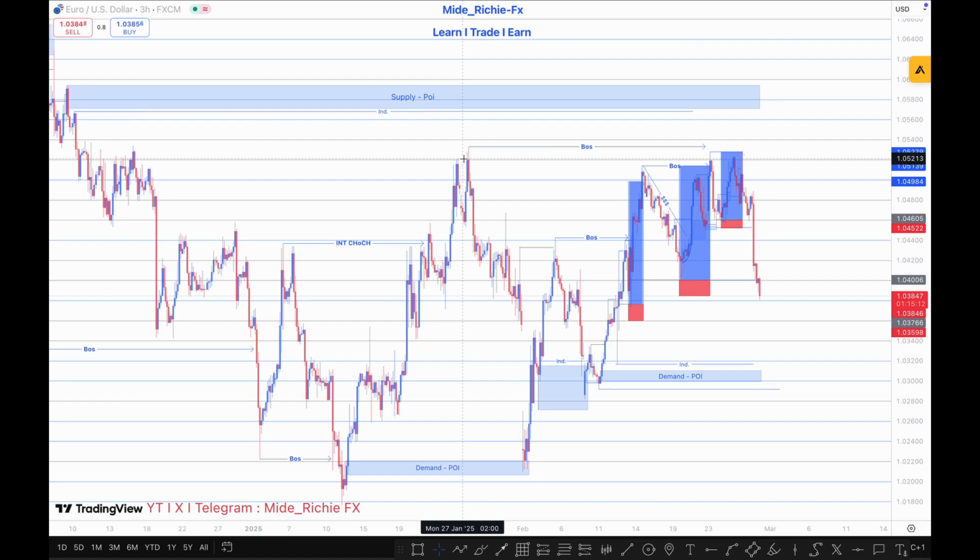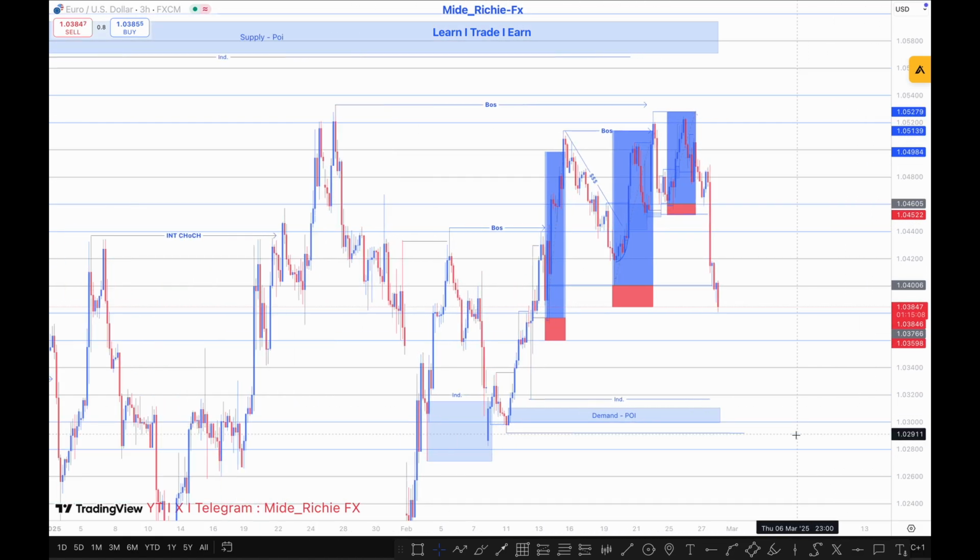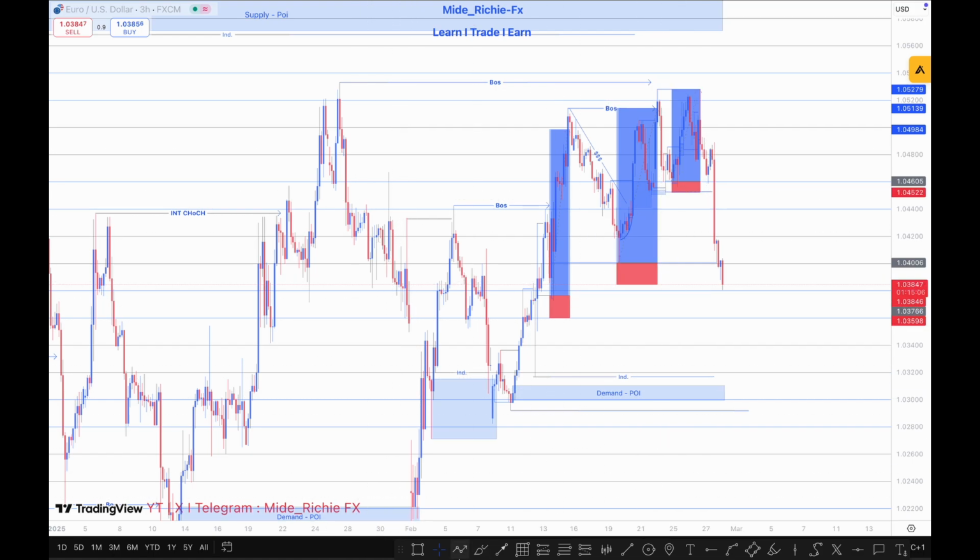After the change of character, we had a mitigation of this demand, and then an internal bullish move right here, supporting the whole bullish move. So here we have the change of character, a retracement to mitigate this nearest demand, and another break of structure right here. We had a mitigation right here, and that's how I'm doing my entries.